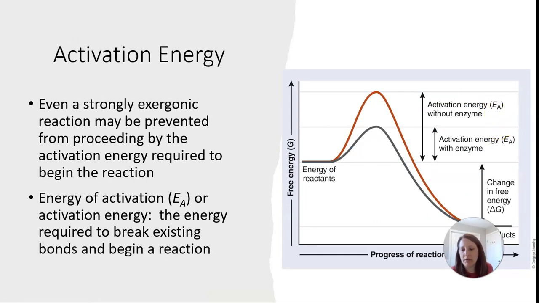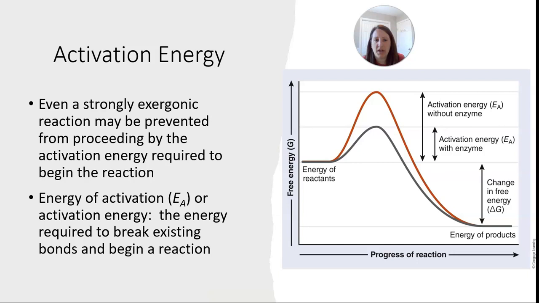I wanted to quickly remind you of what a reaction profile looks like. In this particular reaction profile, this is an exergonic reaction, so hopefully that makes sense to you. The x-axis shows the progression of the reaction, like time, and the y-axis is showing free energy.